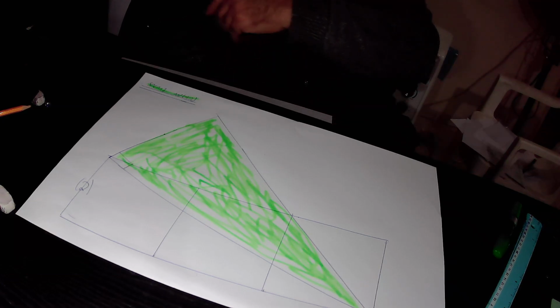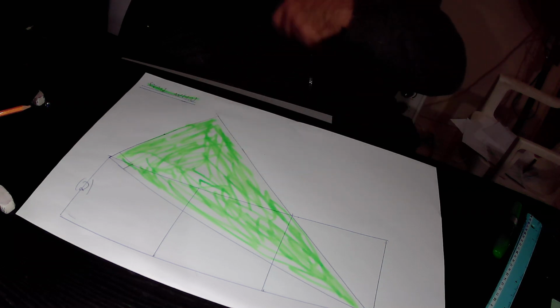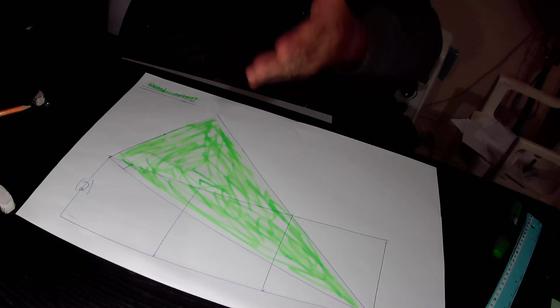We know that we have 3 identical squares. The side of one square equals 2, therefore all the other sides are also equal to 2 because they are identical.